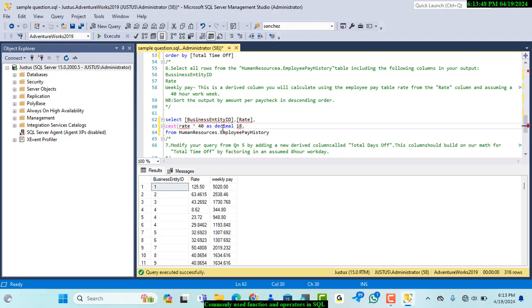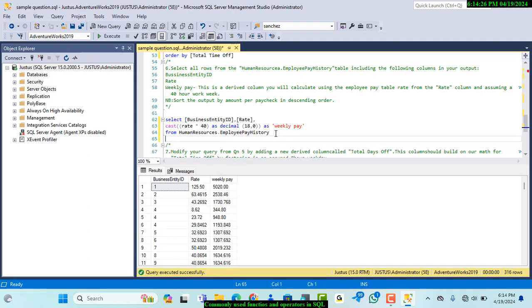So I'm going to round it to 0 decimal places. Okay. So there's a closing bracket somewhere there. Two openings and then two closing brackets. There we go. Now this one will give me the output.